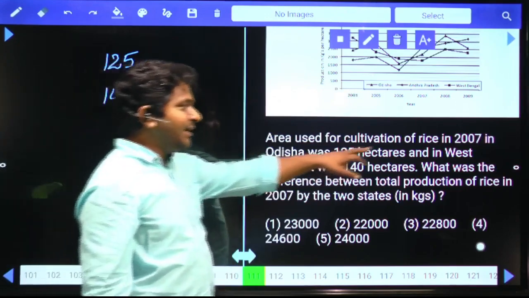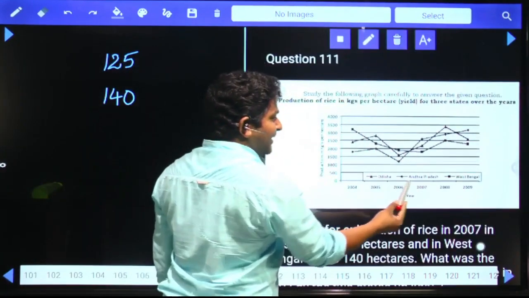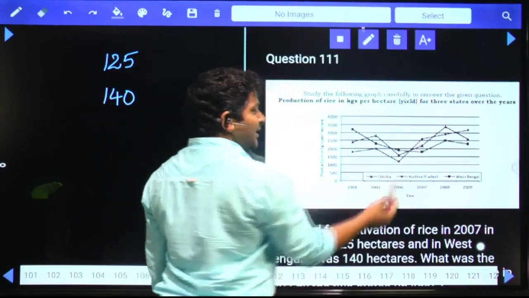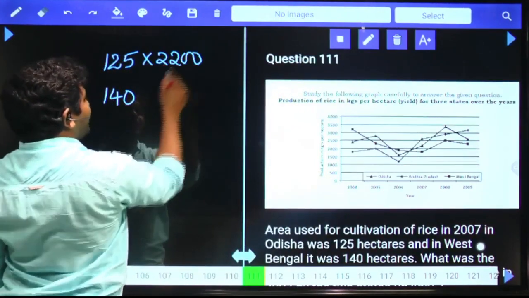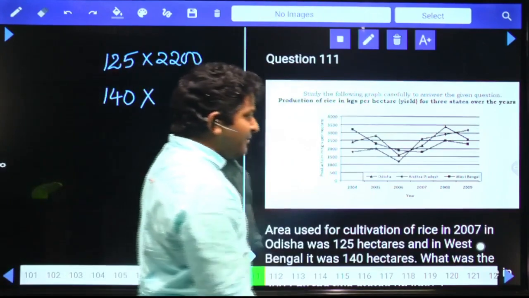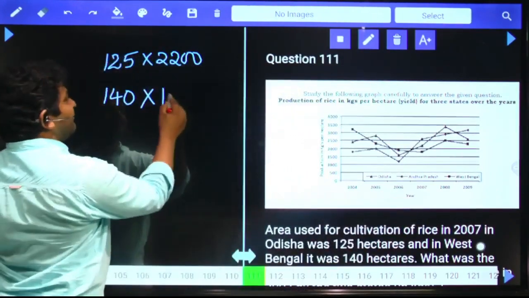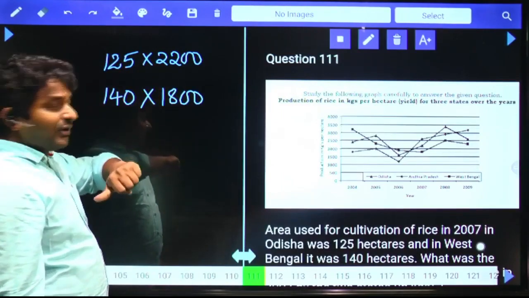Odisha is the triangle. Triangle value in 2007 is 2 lines above 2000, hence that is equal to 2200. And West Bengal, same year, we have 1800. The difference between these 2 numbers is what you are asked to calculate.